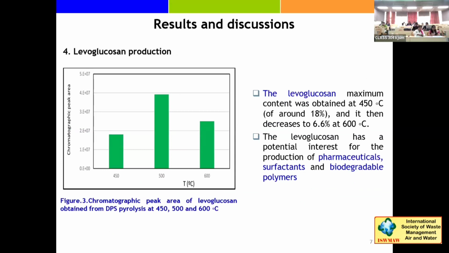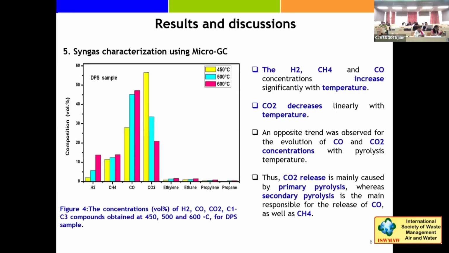The levoglucosan has a potential interest for the production of pharmaceutical surfactants and biodegradable polymers. So let's move in now to the characterization of the syngas.